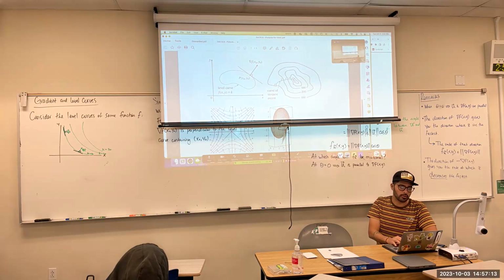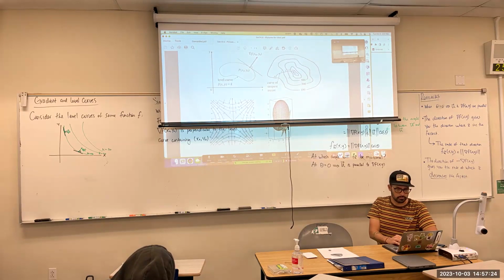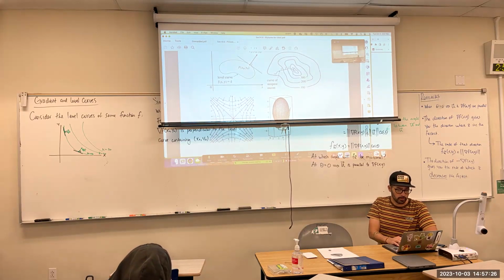And here's a little contour map of a trail. So I want to always go perpendicularly to that level curve to make sure I'm increasing the fastest. And then here, you have all these little gradient vectors. And what I want you to notice is they cross the level curves perpendicularly, depending on the level curve.